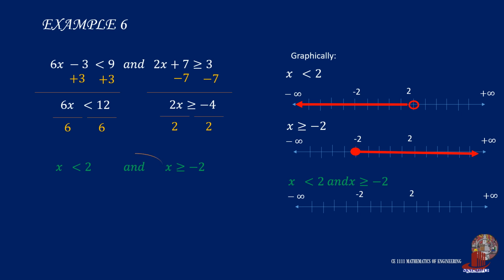Let's get back to the equation stating "and". From set theory, remember that "and" denotes intersection. So take the common range from the two number lines, and that would be from negative 2 inclusive to positive 2 exclusive. Also for the interval notation, we have an open bracket with negative 2 and 2 with a closed parenthesis.